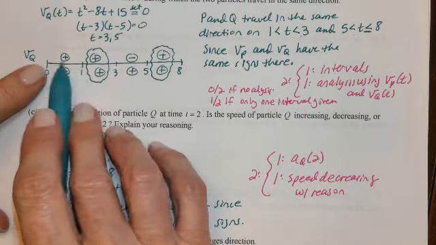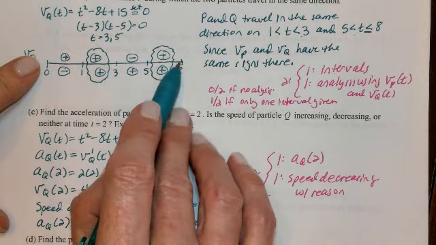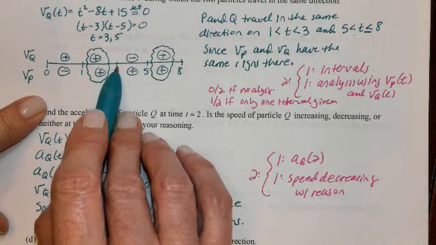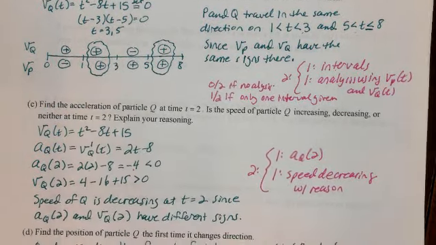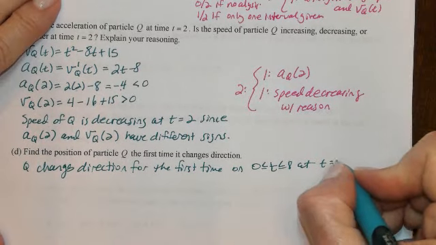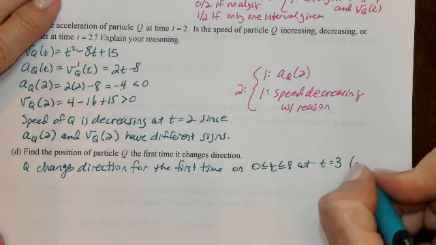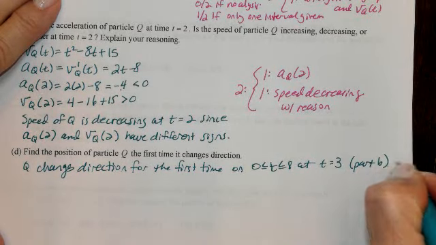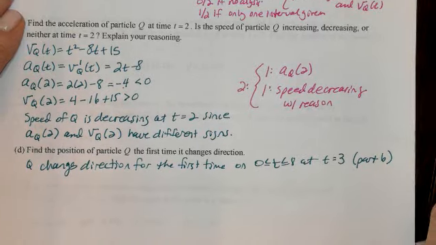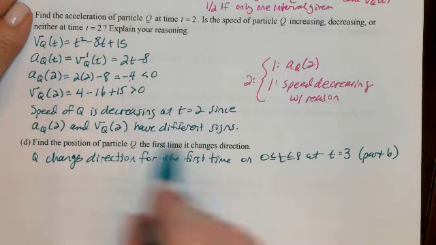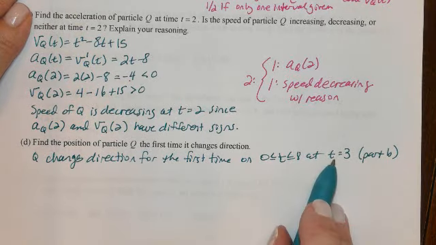Remember that the first time q changed direction on this interval was at time 3, right? So that happens for the first time at time equals 3 from part B. Okay? So I want to know the position at that time.